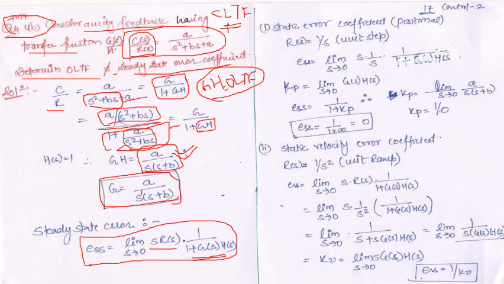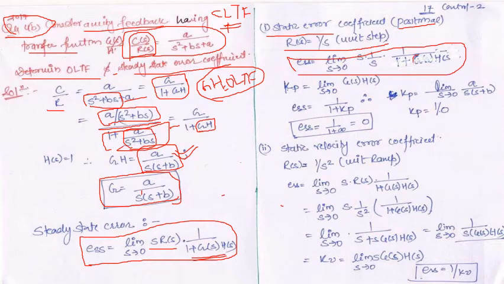So the static error coefficient, the positional error, basically when you are applying the unit step, is identified as this equation, 1 plus G(s)H(s). If you take this portion alone, then Kp, that is the positional error coefficient, can be written as limit s tends to 0 of G(s)H(s).